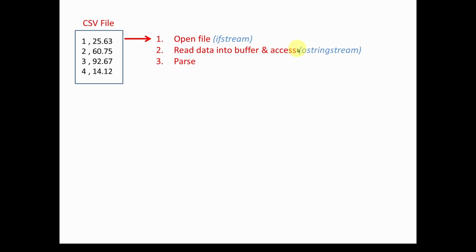In our case, we're going to use stringstream, which is output stringstream, which basically says take the data that you got using this ifstream, put it into a string buffer that you can then access. And that's why it's an output string stream. It's a buffer that you can then access so that you can go through and do some parsing, all right? So basically two methods that are in Windows that we're going to access in order to do these two functions.